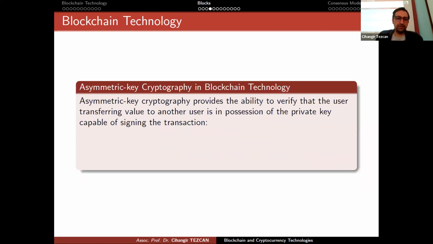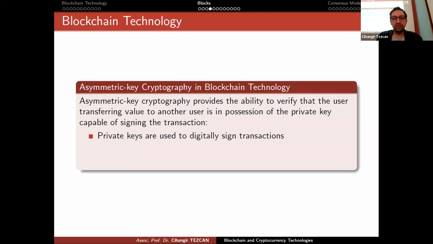We also talked about asymmetric key cryptography, mostly focusing on digital signatures. Asymmetric key cryptography provides the ability to verify that the user transferring value to another user is in possession of the private key capable of signing the transaction. So this is what we do in digital signatures. Every user creates private and public keys.